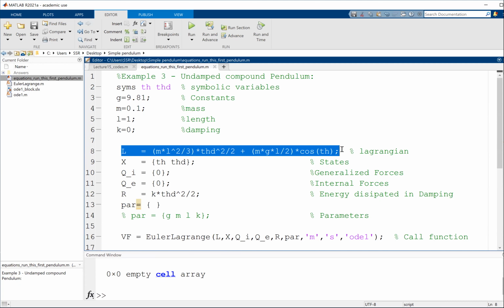I will just write this on the board so that it's easier: 1/2 m L square by 3 theta dot square plus m G L by 2 cosine theta. This is the Lagrangian that I have programmed.